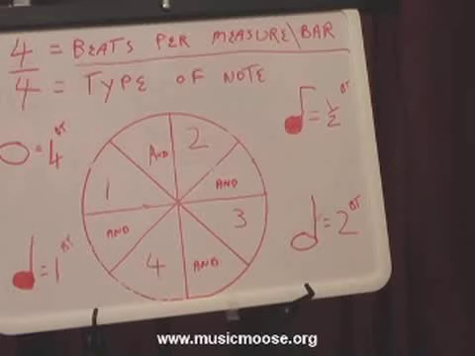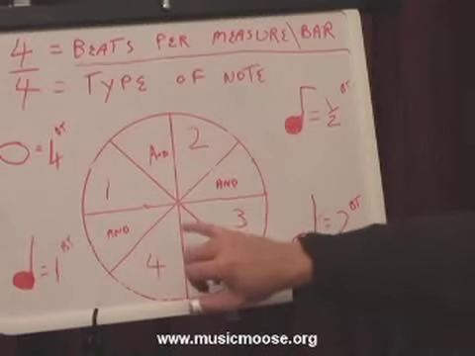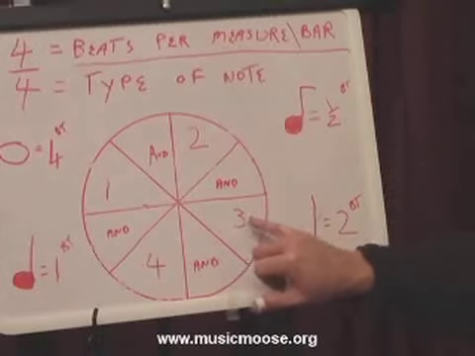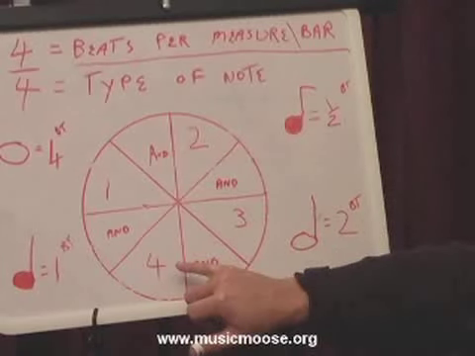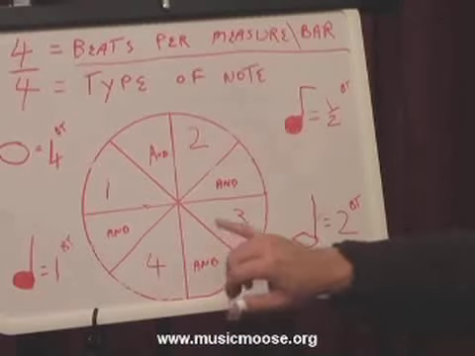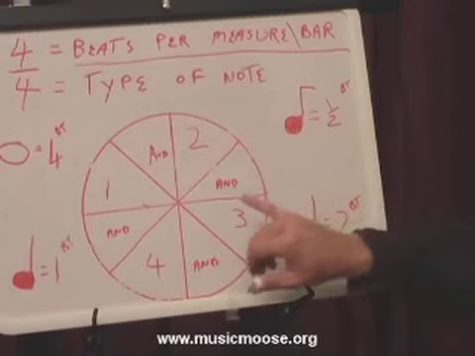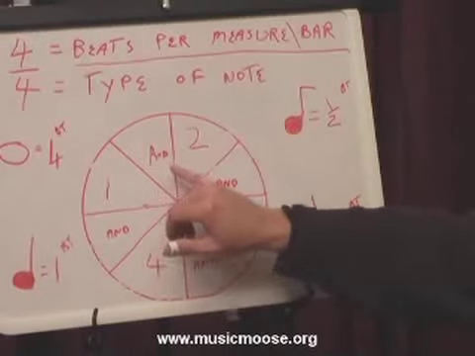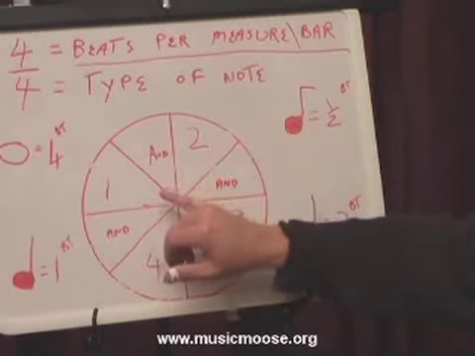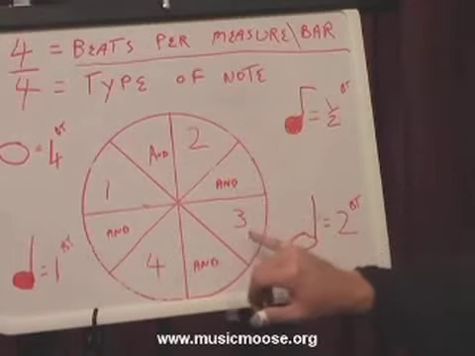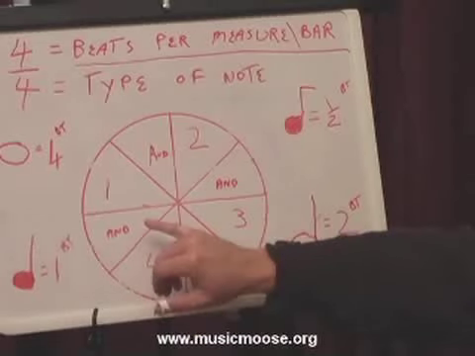So, now that we know that we have had 4 beats, 1, 2, 3, 4, in that measure, to think about the 8th notes, we're just going to put an "and" and say 1 and, 2 and, 3 and, 4 and. Okay.